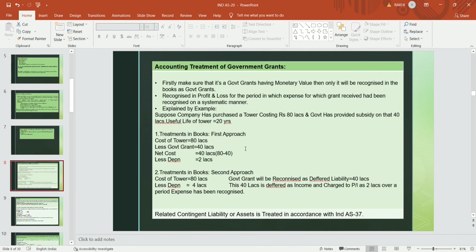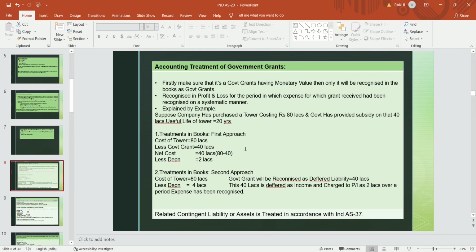Now, what is the accounting treatment of the government grant? How is the treatment to be done in the books by the company? Firstly, the company will make sure that it's a government grant having a monetary value. Then only it will be recognized in the books as a government grant. To make sure, firstly, the grant is to be received from the government only.